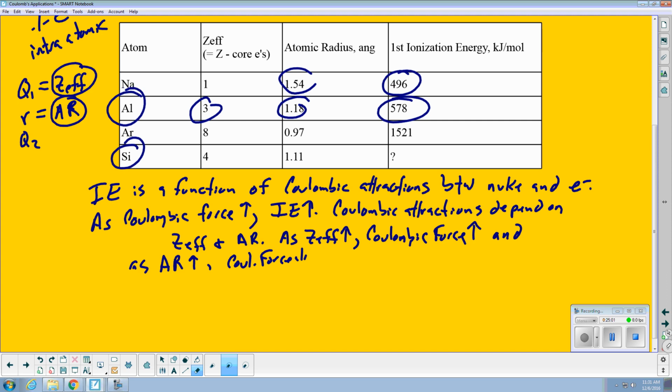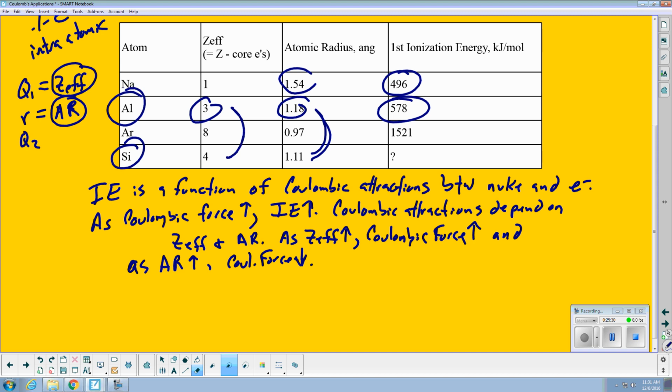Ionization energy is a function of the Coulombic attractions between the nucleus and the electron, yes. As my Coulombic force increases, my ionization energy increases, yes. The Coulombic attractions depend on Z effective and atomic radius, yes. As my Z effective increases, Coulombic force increases, and as my atomic radius increases, my Coulombic force decreases. All right, so now we're going to compare these.